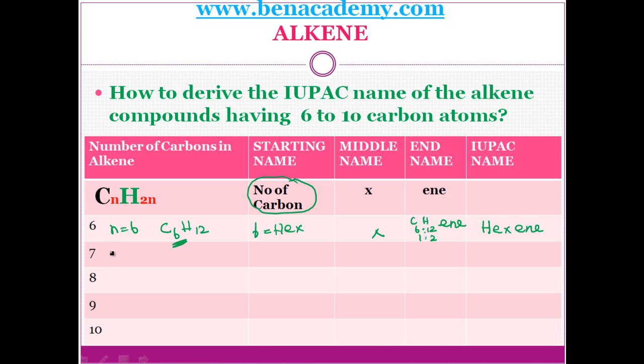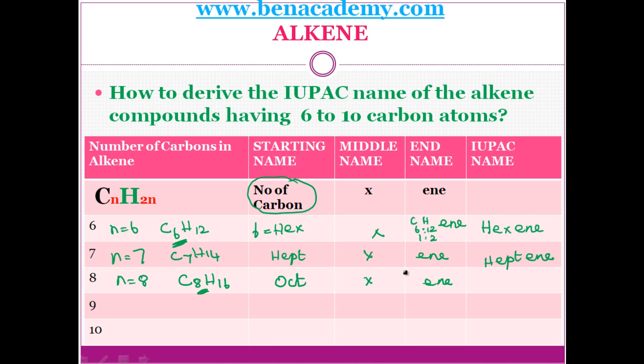Now I think you can do it very fast. When the number of carbons is 7, what will be the formula? C7H14. If the number of carbons is 7, what is the name? Hept. There is no middle name, and the end name is ene, because the carbon hydrogen ratio is 1:2.